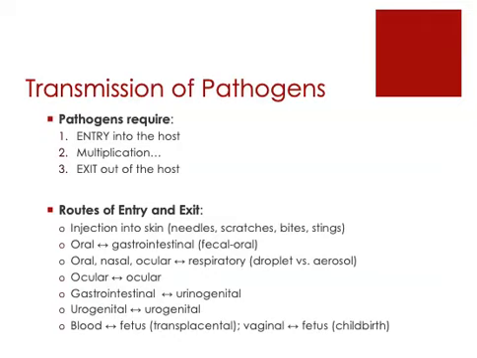Another route of entry is through the mouth, and the mouth, unfortunately, is a problematic route for a lot of pathogenic disease. The mouth, of course, leads directly to the gastrointestinal tract, and so if it's a gastrointestinal pathogen, the mouth is a good way for that pathogen to gain entry. Remember too that the gastrointestinal system leads out again through the feces.